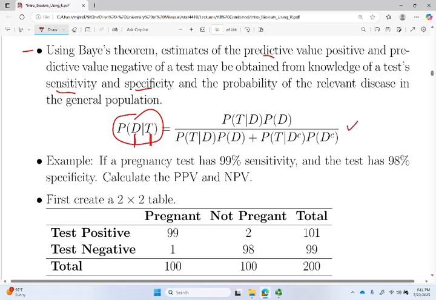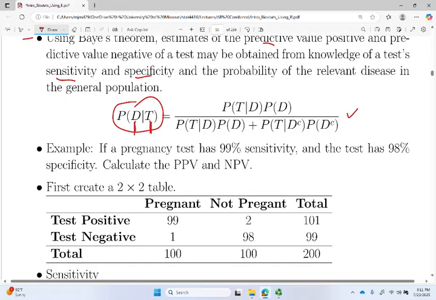And you can back calculate it using Bayes' theorem. Now, as a reminder, this is the probability of testing positive and you have the disease divided by the probability that you tested positive. So how does this look like that?